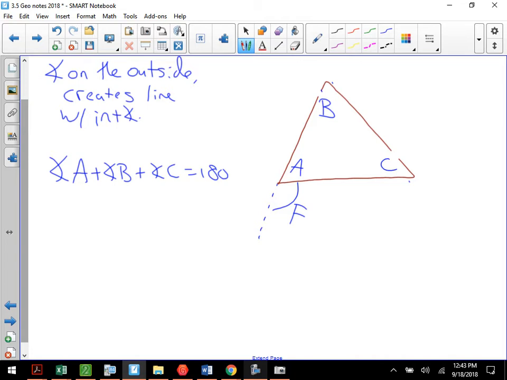And then the exterior angle, we'll come back to here. Talk about that in a second. Again, what did I say A and F have to equal? 180. If I put F here with C, what would it have to equal? If I put it up there with B, what would it have to equal? Exterior plus an interior is always 180, so that doesn't change. So we'll just use A and F again.